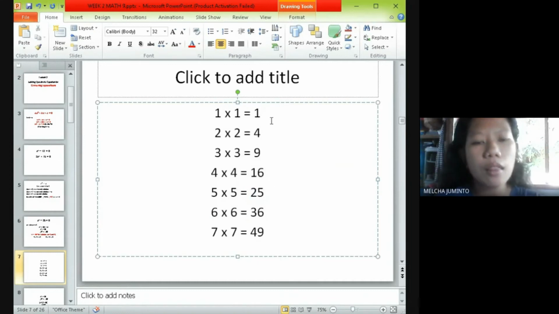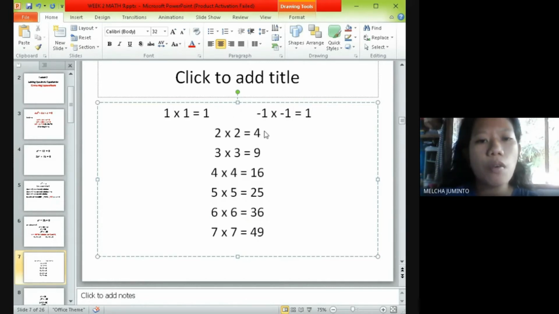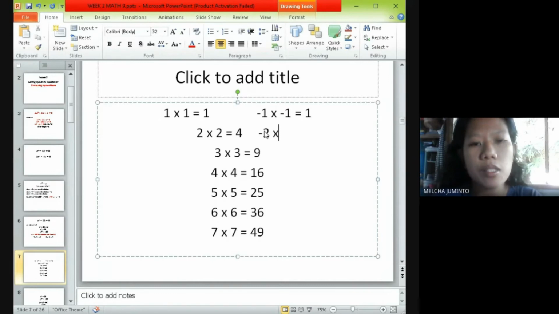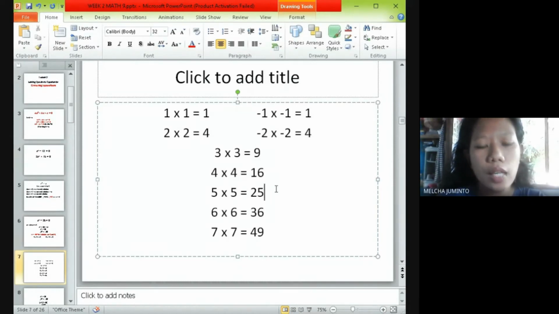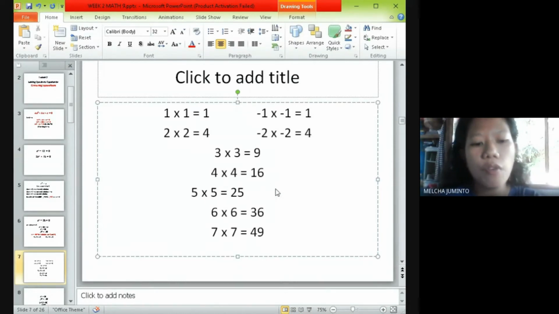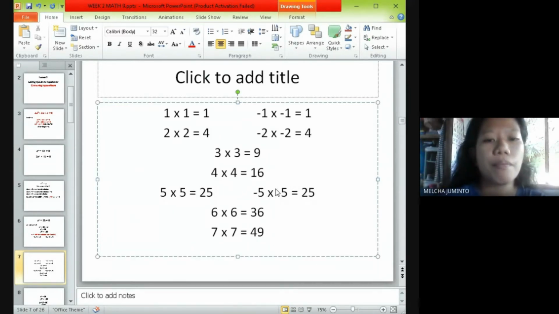But take note that there is also a case wherein once you multiply negative 1 times negative 1, it will also give us positive 1. Same with the fact that if you multiply negative 2 times negative 2, it will give us positive 4. Therefore, in 25, once you multiply negative 5 times negative 5, it will also give us positive 25.